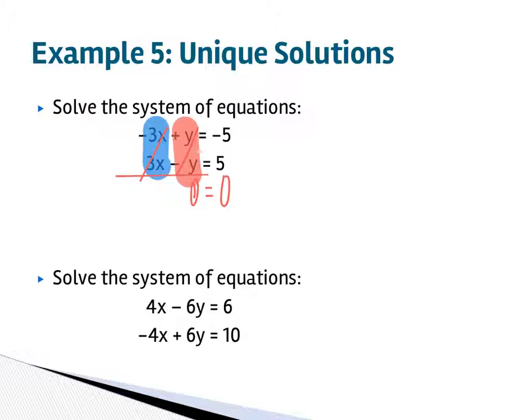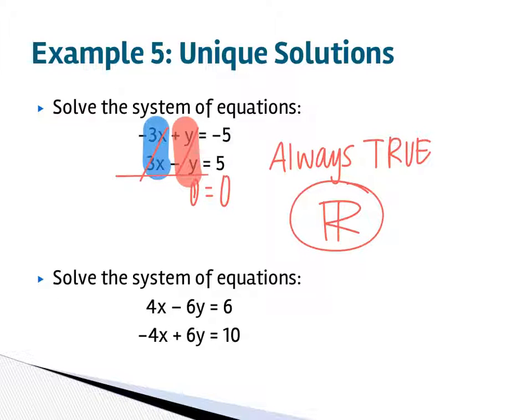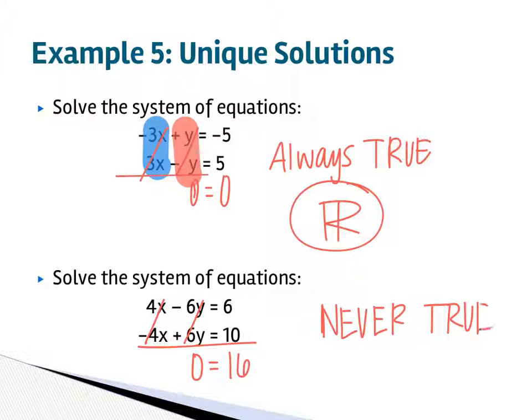So if I get something that's always true, what I want you to write is all real numbers. You can do the R for all real numbers. If on the second one these cancel but the 6's don't, and you get 0 equals 16, that's never true. If that's what you get, then I want you to write no solution, because if it's never true, there's no possible number that can satisfy it.